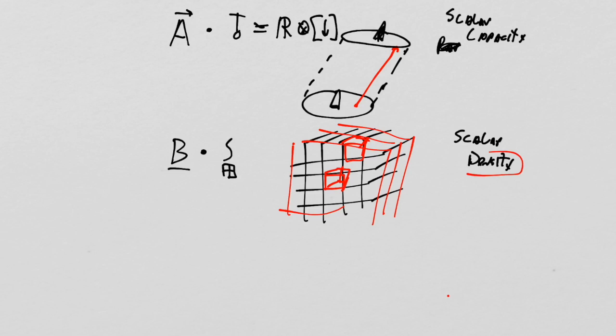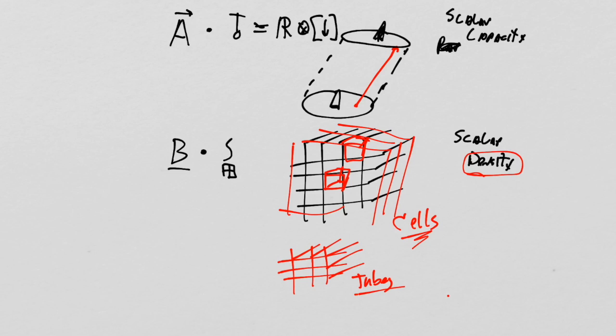This whole structure is only dependent on the density of these cubes. These are better called cells. I used the word cells in a previous lecture, and I was looking at this honeycomb from edge on, and these things look like cells, but from the side they're actually tubes. So it's much better to call these cells. The top form will always be a cellular structure like this in any dimension, but in our case we can visualize it because it's only 3 dimensions. So that's what the scalar density will look like.